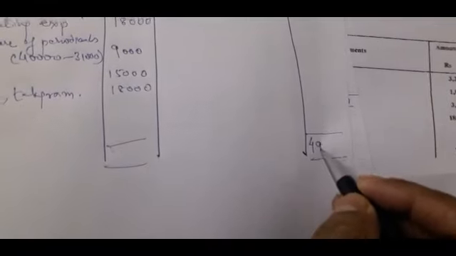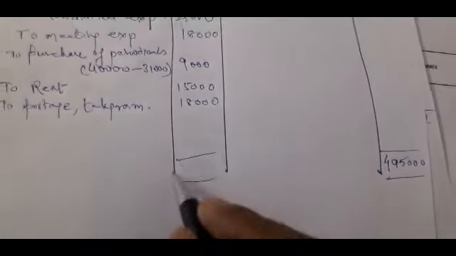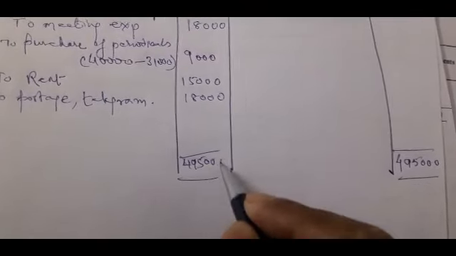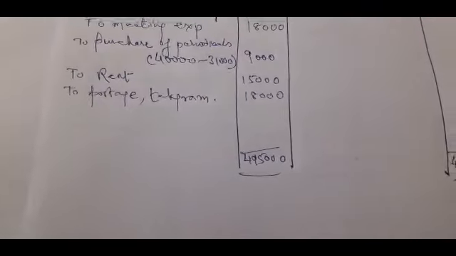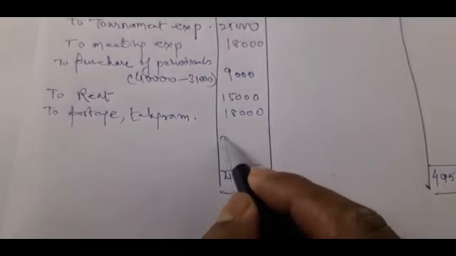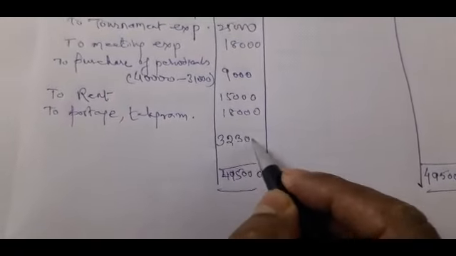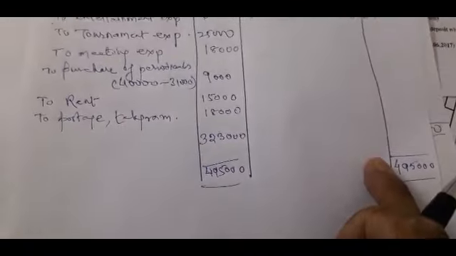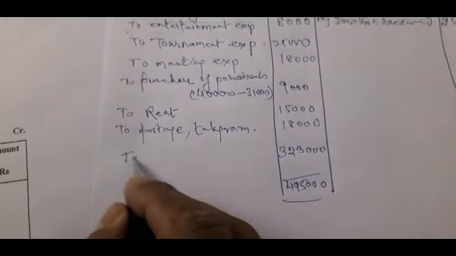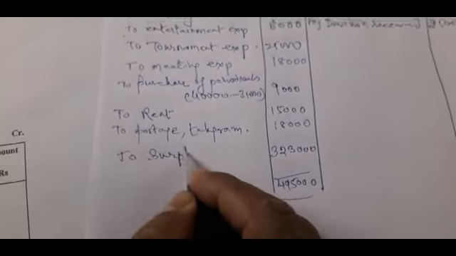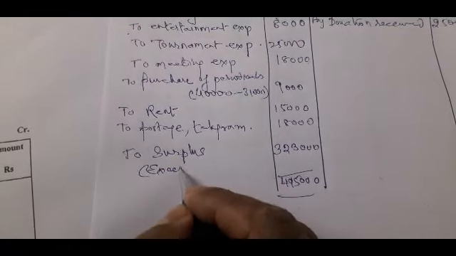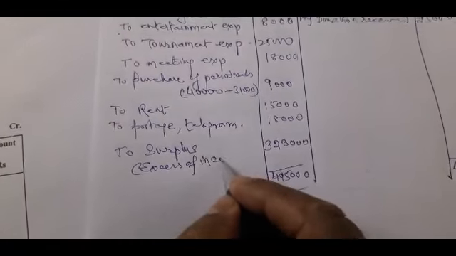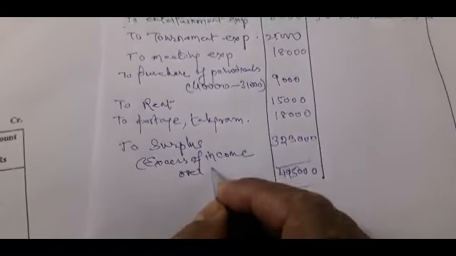The total of income side is exceeding the total of expenditure side by 3,23,000. So the difference between the two sides of the income expenditure account, or the excess of income over expenditure, will be known as surplus, excess of income over expenditure.